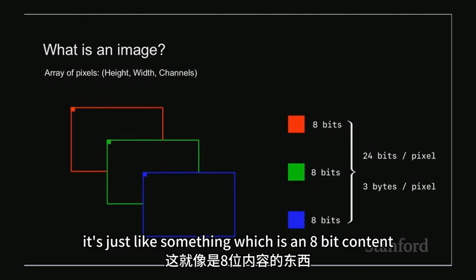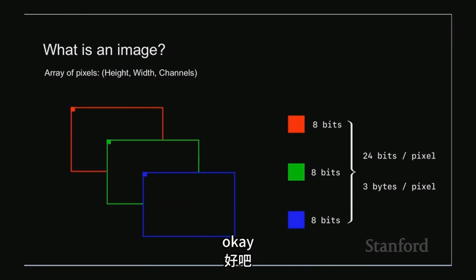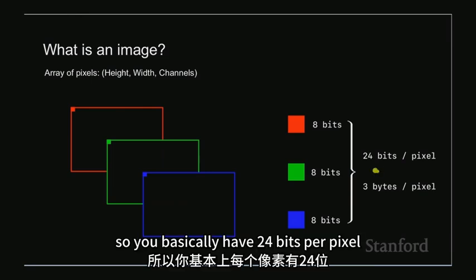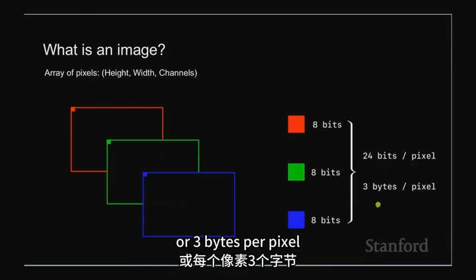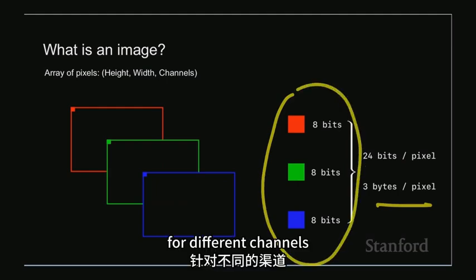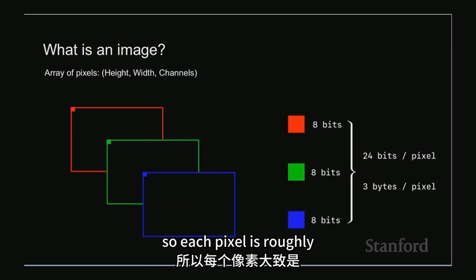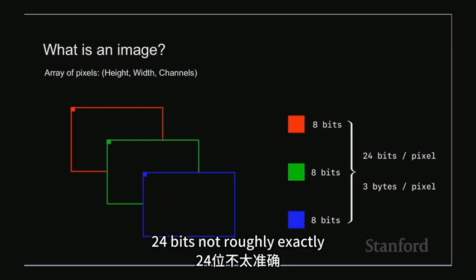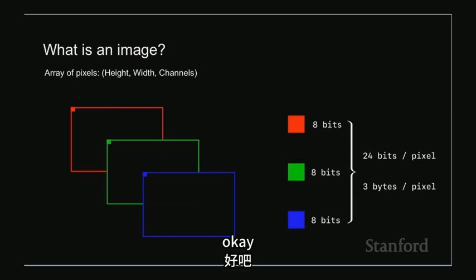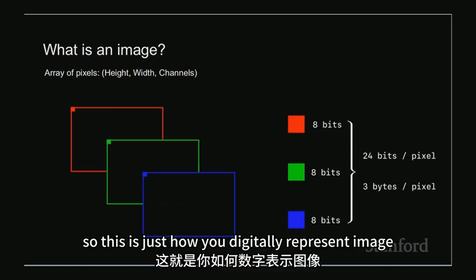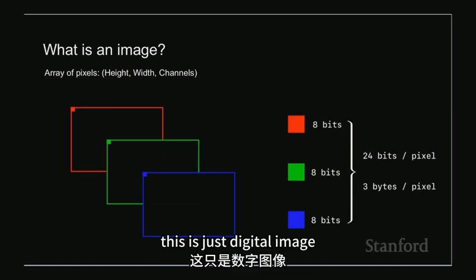So you basically have 24 bits per pixel, or 3 bytes per pixel, for different heights and widths, right? So each pixel is exactly 24 bits. This is just how you digitally represent an image.